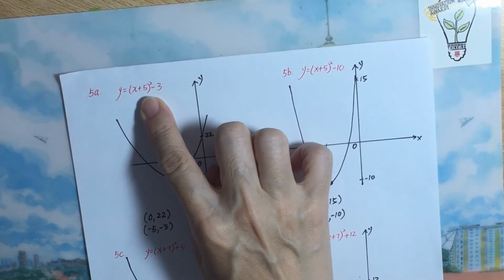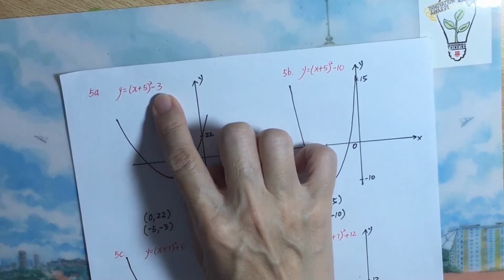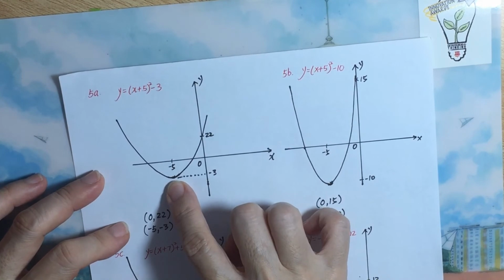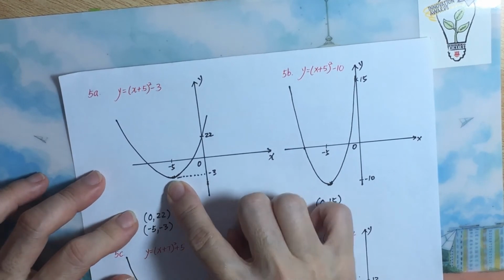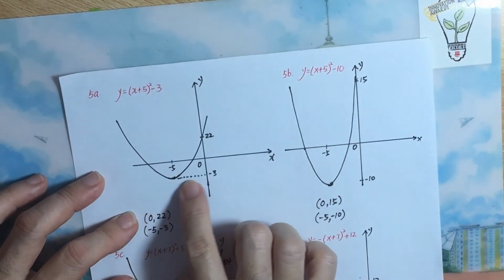I can never get a negative number from a square. Understand or not? So which means my -3 is going to have a positive value added to it, or maybe 0, right? So my -3 is going to be my lowest value, smallest value, because at other points I add more and more. So this is going to be the lowest.